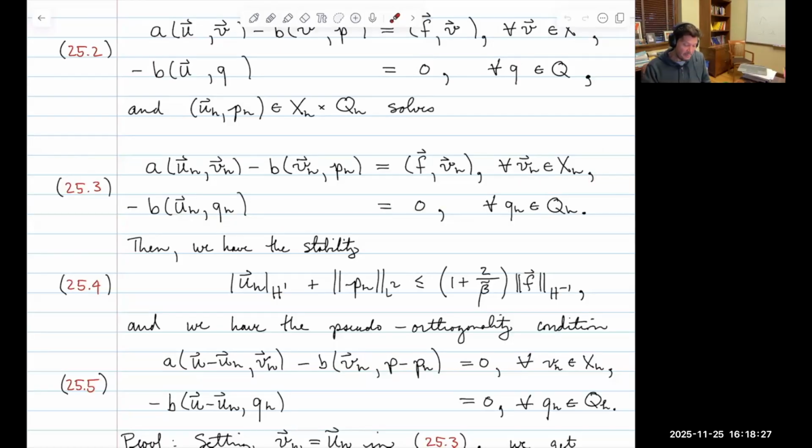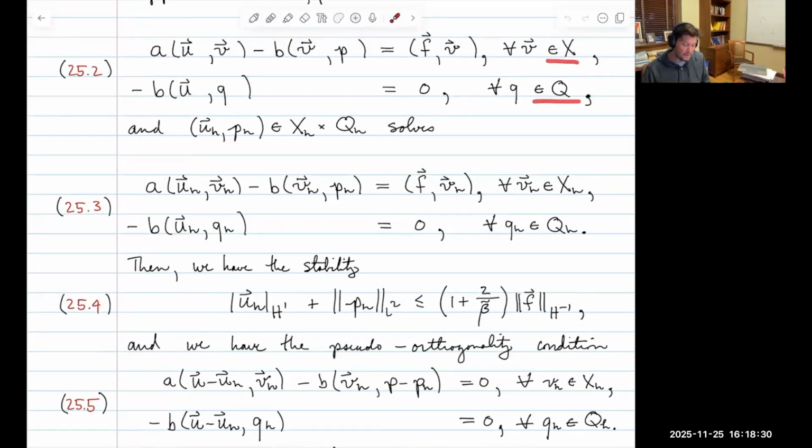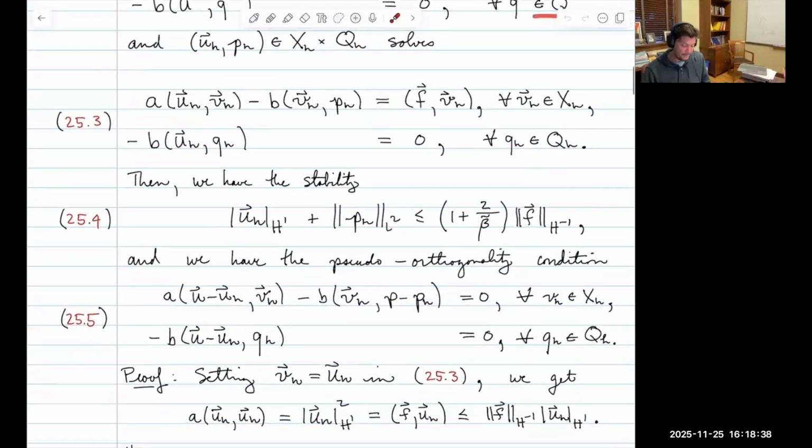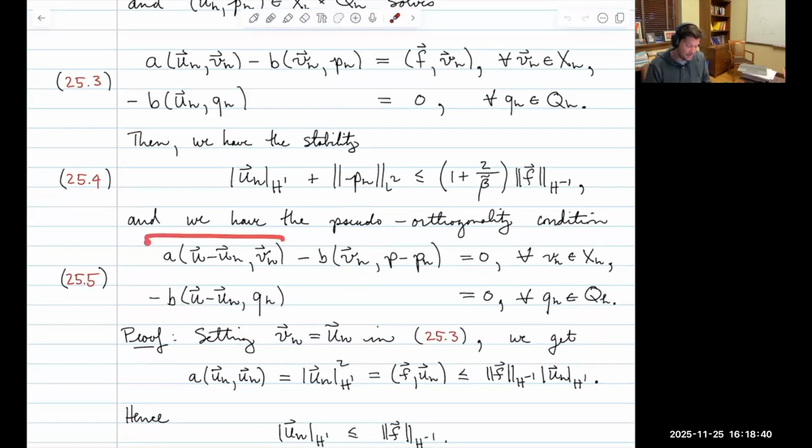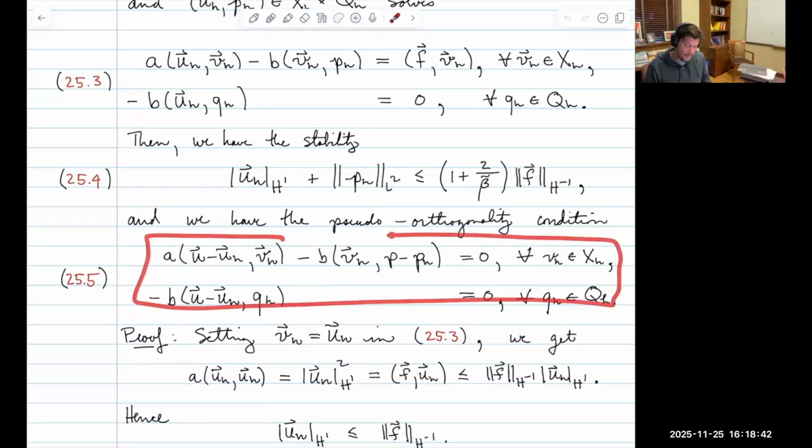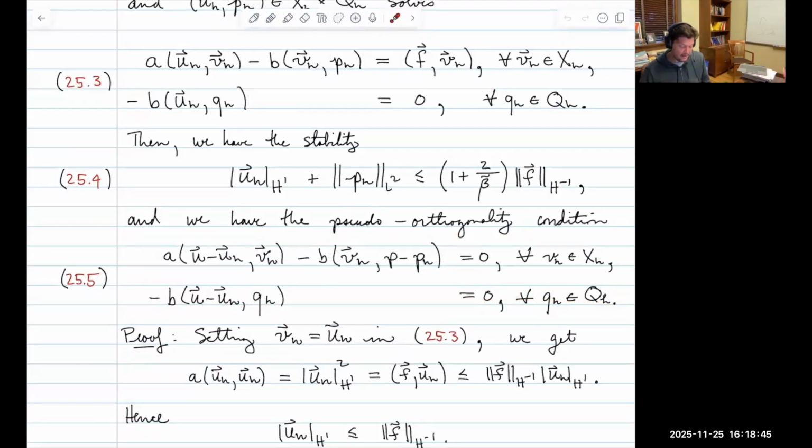Now, once I've replaced these with their finite dimensional subspaces, I can just subtract the two systems of equations, and I automatically come up with something like this. And all you're using here is the bilinearity of both the A and the B forms.